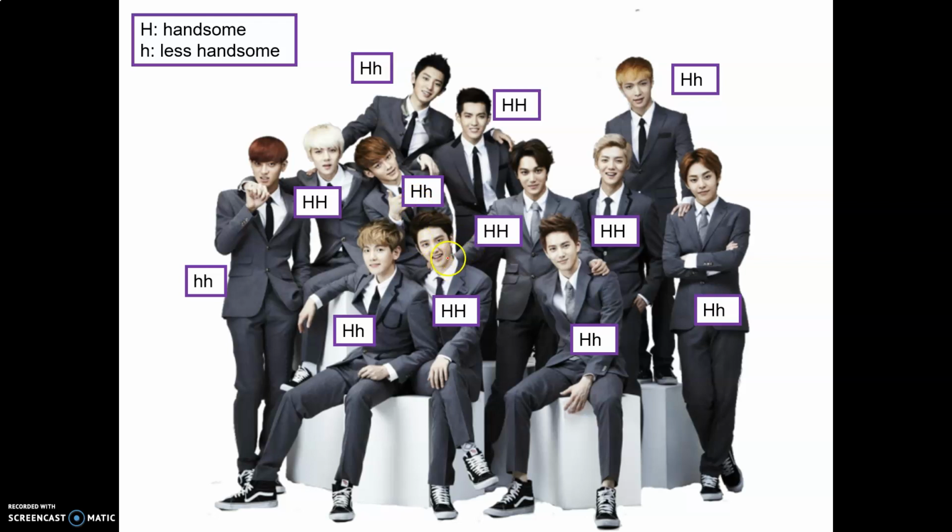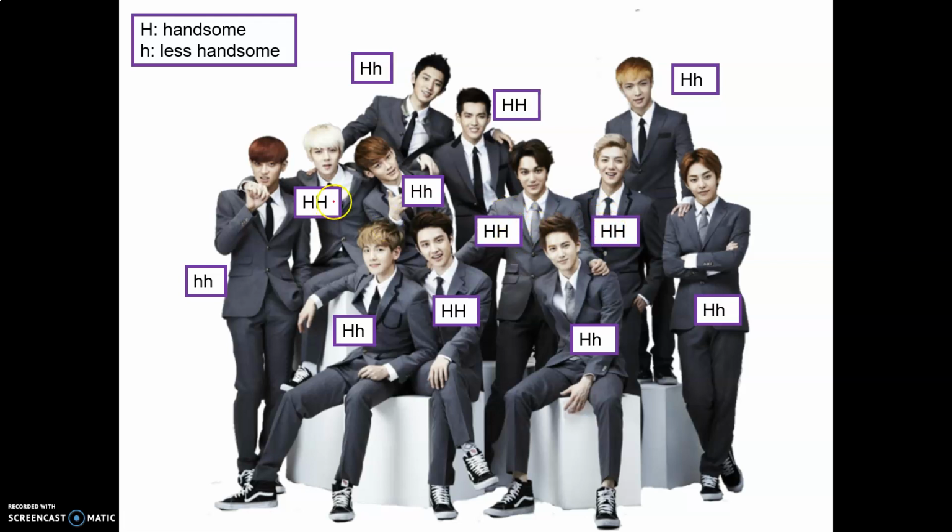Sebagai contoh, my ultimate bias Do Kyungsoo ni, dia tersangat handsome. Berkemungkinan dia adalah homozygous dominant towards handsome punya phenotype. Then Chris ni pun terlalu handsome, dia pun homozygous dominant. And Luhan pun cute juga, Kai pun handsome juga.